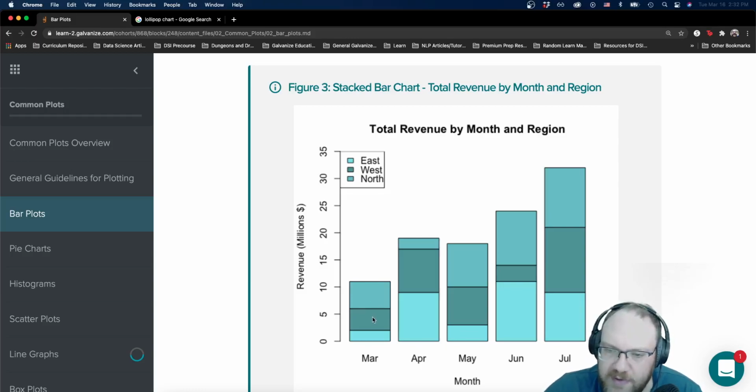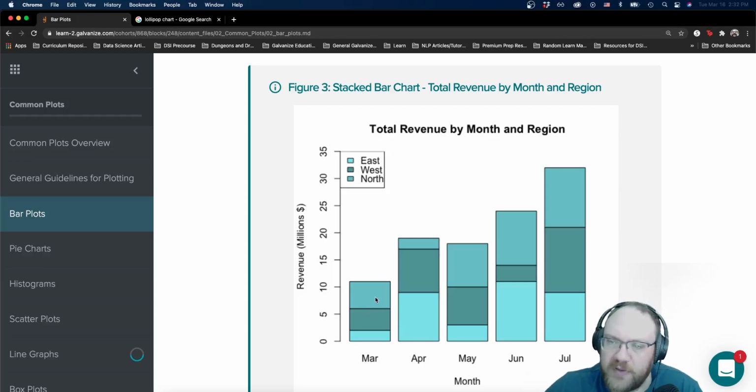It looks like maybe 4 million came from the west region, and then the east region had the last 2 million, right? Those are just estimates from these bars that I'm looking at, right? But for a given month, I can see a total revenue as well as a breakdown of that revenue by some other sort of subgroup.